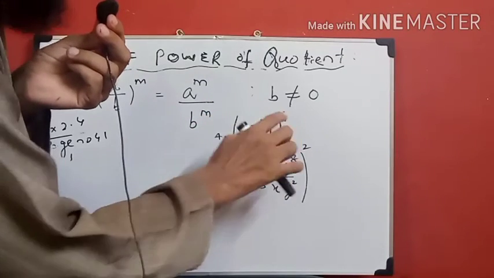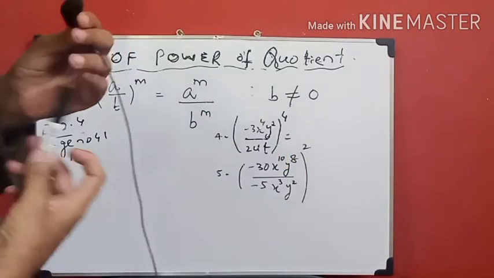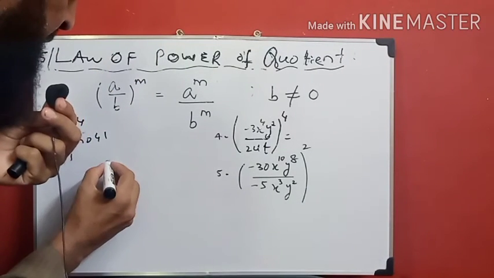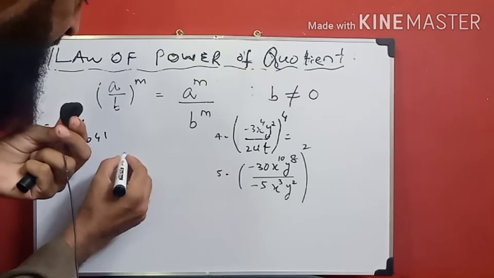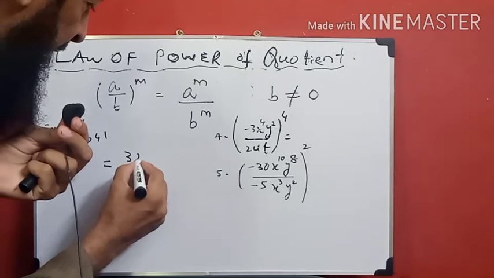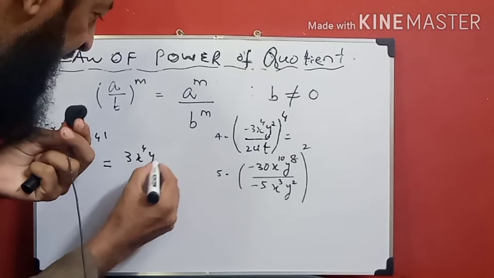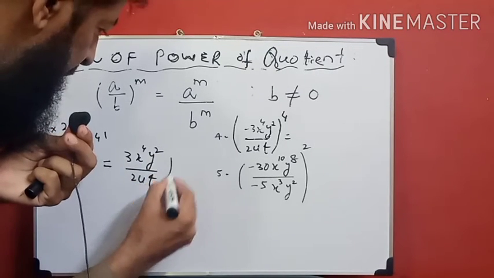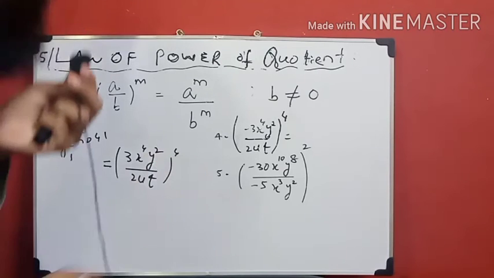Because the power is even, the minus sign is eliminated from here. That means 3 x^4 y square upon 2 u t, whole power 4.